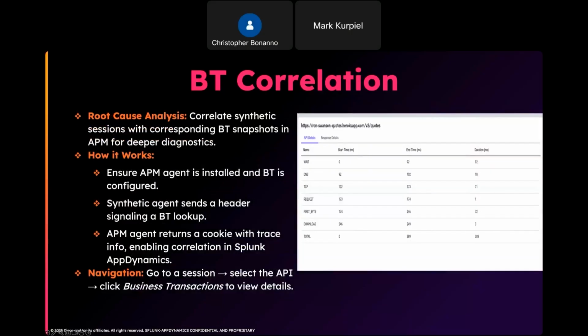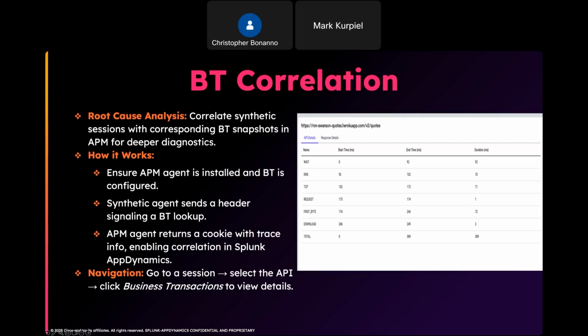Now, another great feature that people don't even realize exists, I know a lot of people that I've had to teach this to, is BT correlation. This is a powerful feature for root cause analysis, as it links your synthetic monitoring sessions with real business transaction snapshots in AppDynamics APM, so you can quickly trace issues. And thankfully, it is simple.